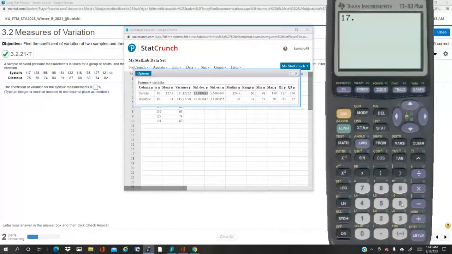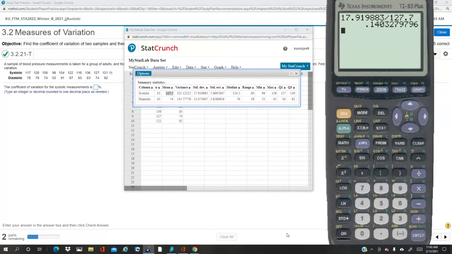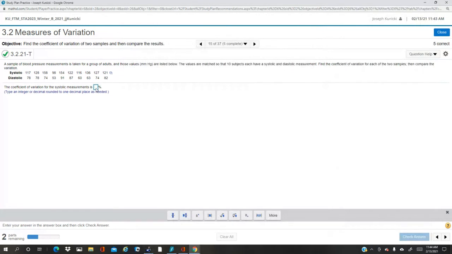So 17.919883 divided by the mean, highlighted, 127.7. So it's 14.0 to one decimal place. So that's my answer here, 14.0.